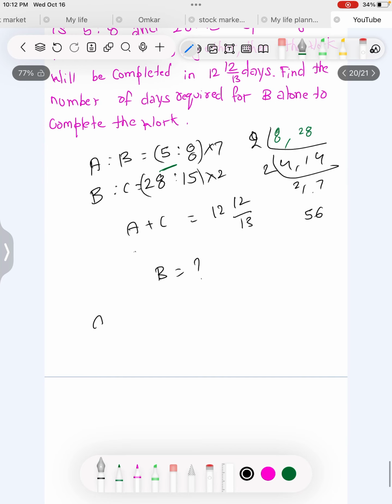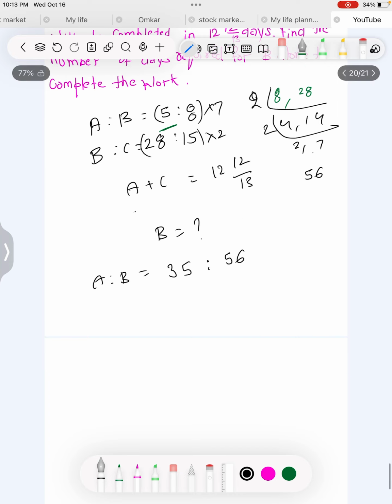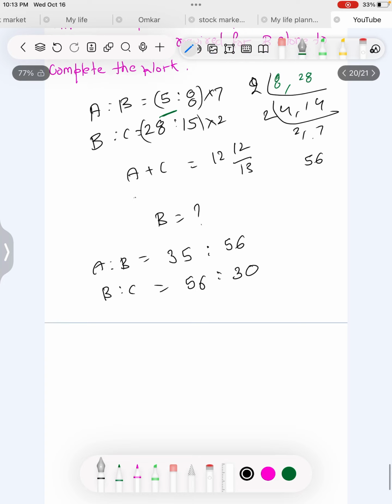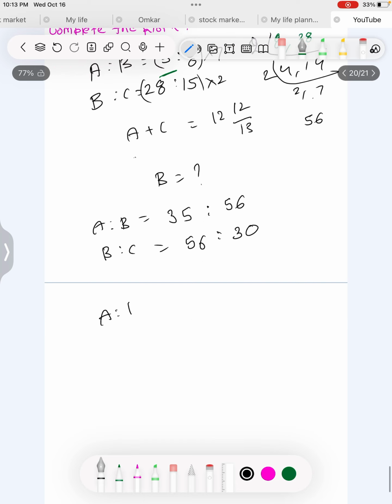So A is to B becomes 5 7s are 35 is to 8 7s are 56, and B is to C, which is 28 into 2 becomes 56, is to 15 into 2 becomes 30. So now we got A is to B is to C as 35 is to 56 is to 30.